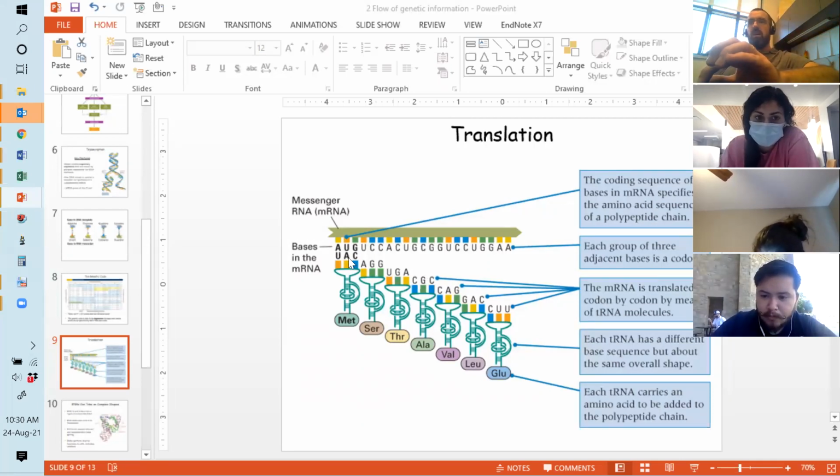So you have the AUG codon, that's the start codon. The tRNA that recognizes it has an anticodon, which is the opposite. And so you'll see here you've got adenine base pairing with uracil, uracil with adenine, guanine with cytosine. And at the other end of that tRNA is the amino acid.